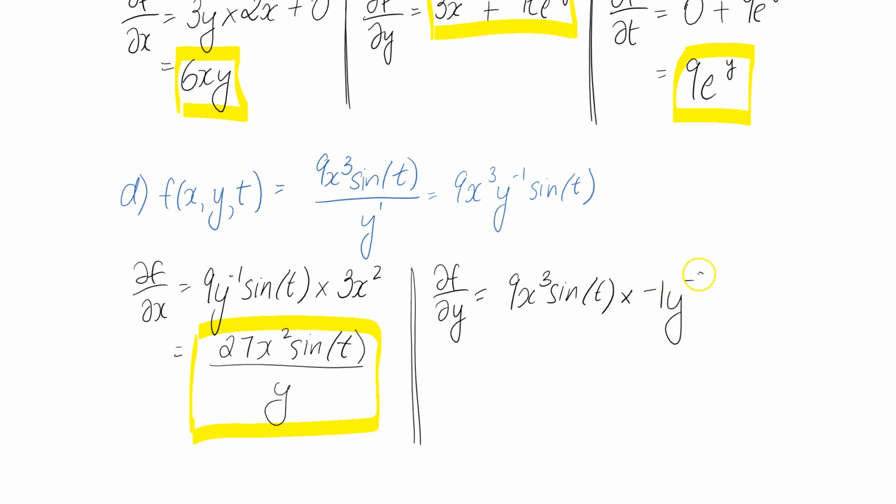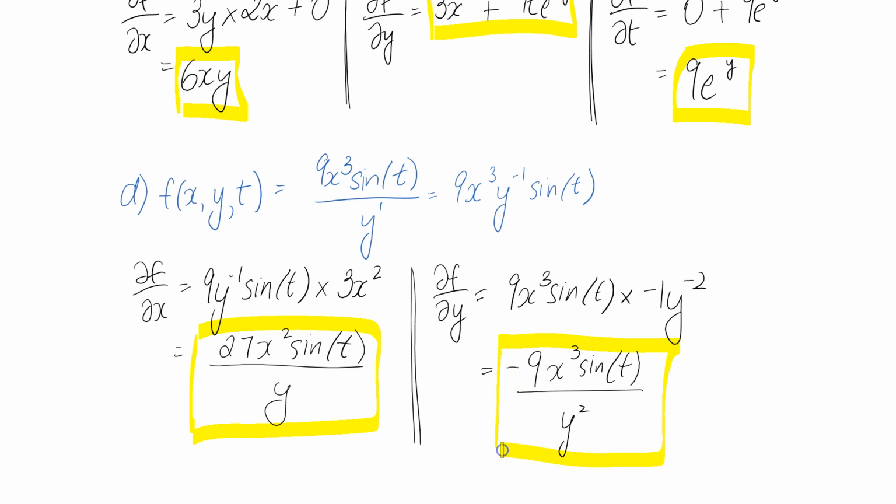Write out my variable and take 1 off the power. So that takes it to -2. So now I just need to write this out neater. So I've got -9 over all. I'll put the x cubed and the sine t on the top line. And I'm going to choose to shift this down to the bottom. So flips over the sign and it becomes y squared. So that there would be my answer for the partial derivative with respect to y.